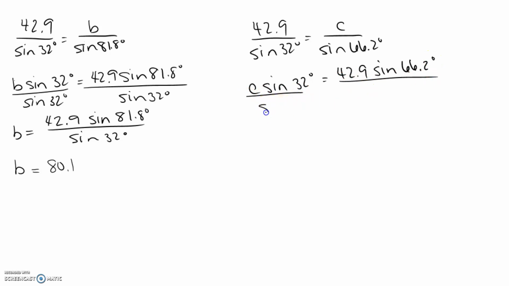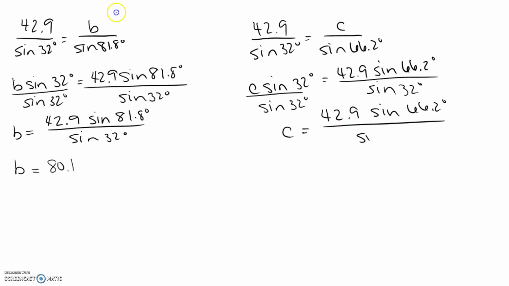Divide both sides by the sine of 32. So C is equal to 42.9 times sine of 66.2 all over sine of 32. Again, I'd grab a calculator, plug this in, and you should get 74.0.